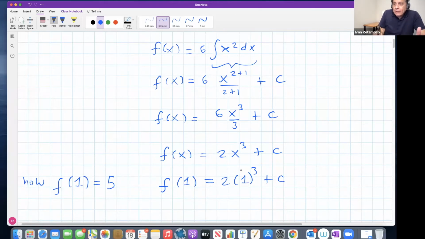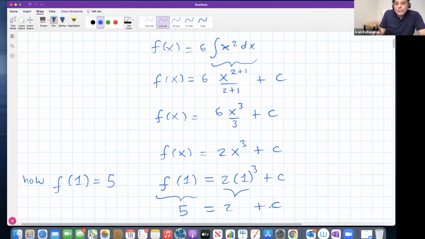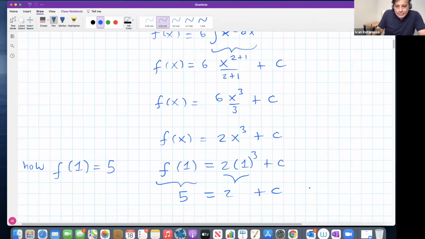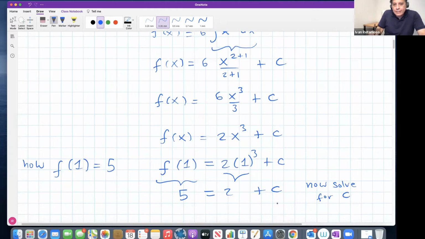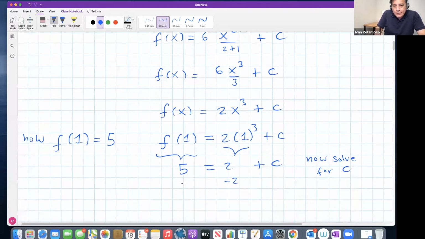But on the other hand, they are saying that this is 5, so write 5 there, equal to this. And this, guys, gives me an equation to solve for C. So now, solve for C. It's possible to find the value of this constant. So minus 2, C equals 3.